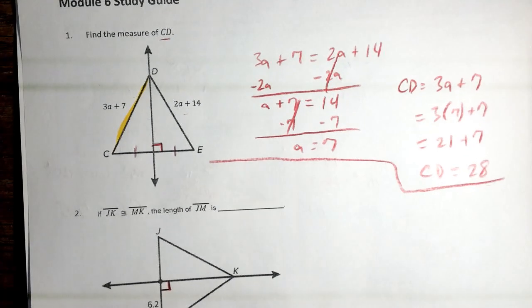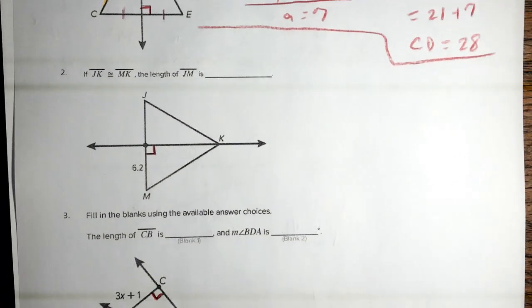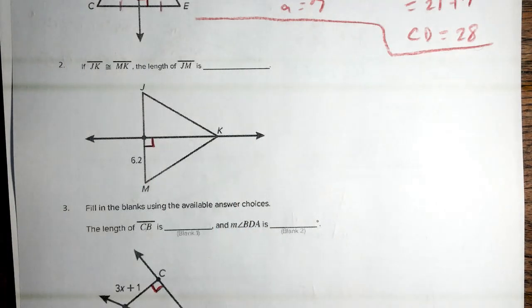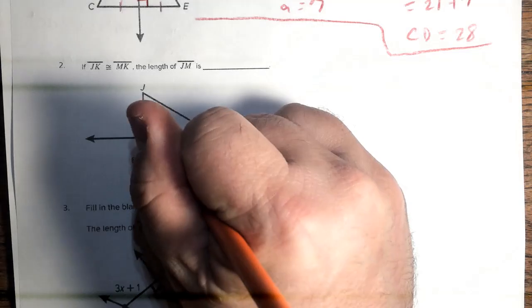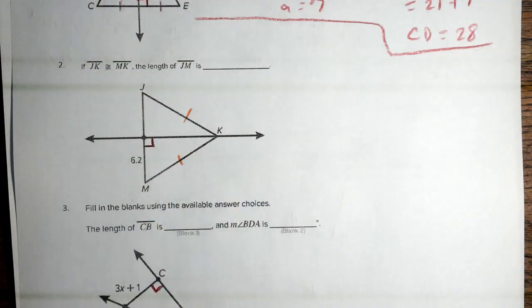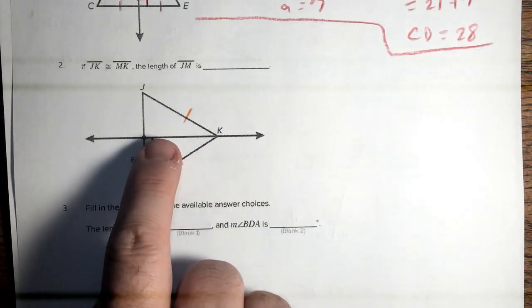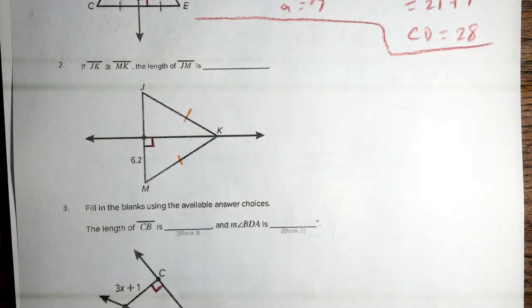All right, let's scoot up the page here. We're going to move a little quickly. All right, so if JK is congruent to MK, the length of JM is blank. Well, if these two guys are congruent, this is a perpendicular bisector. It's going to make these two guys congruent.